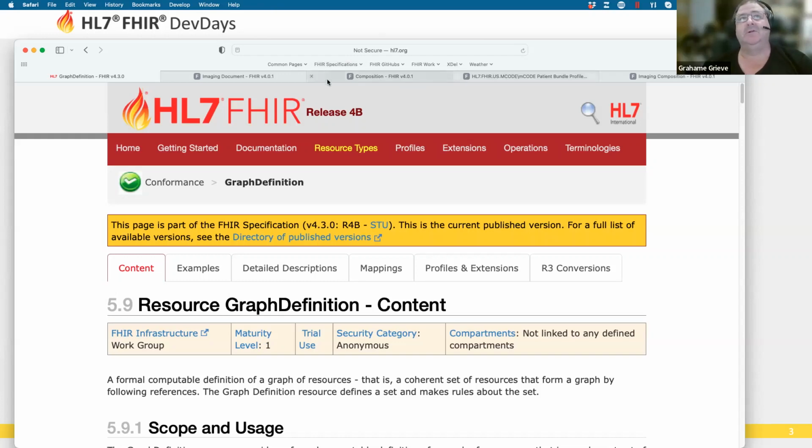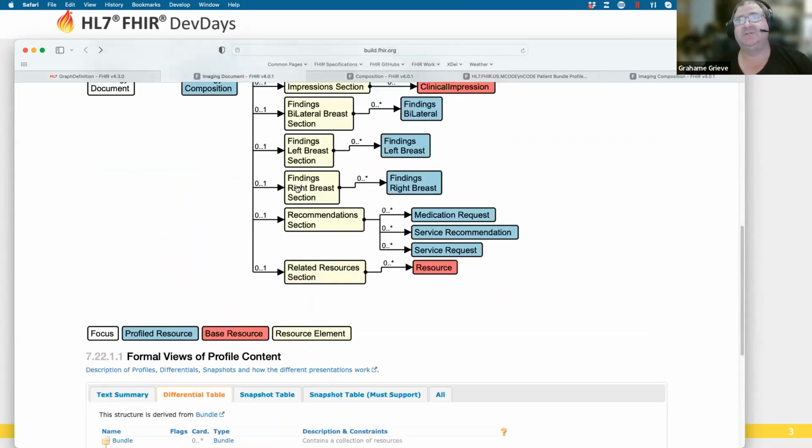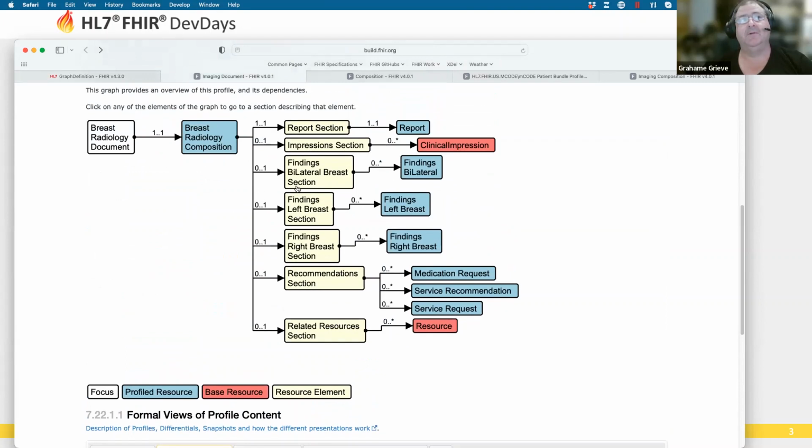But then when I look through implementation guides, I'll see things like this. People trying to give you a top-down perspective on what's in a document. So I have a proposal to make, and then we can have discussion.